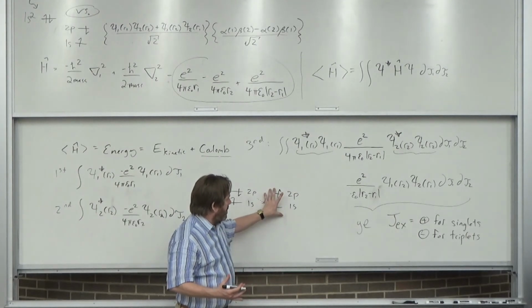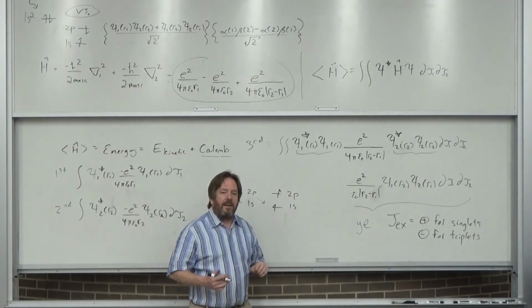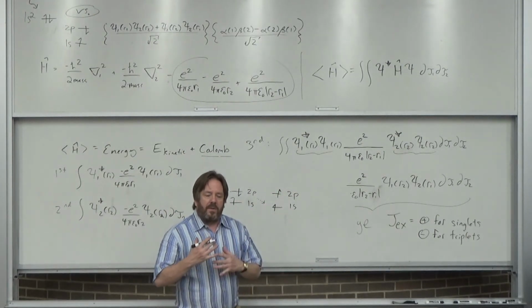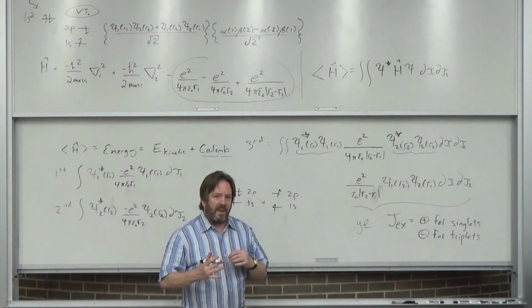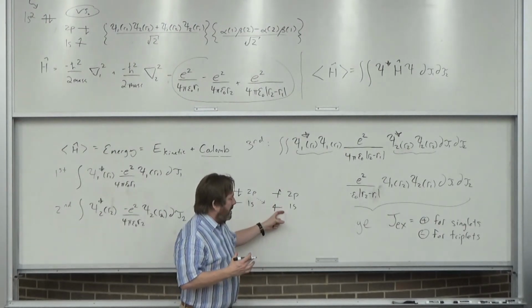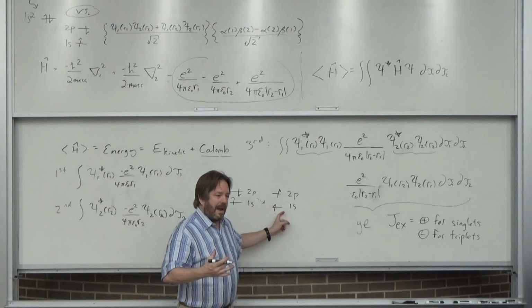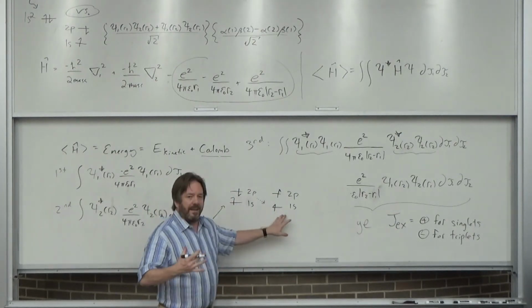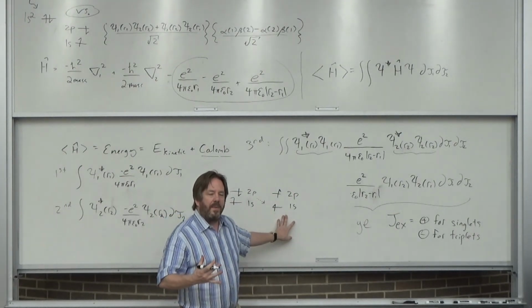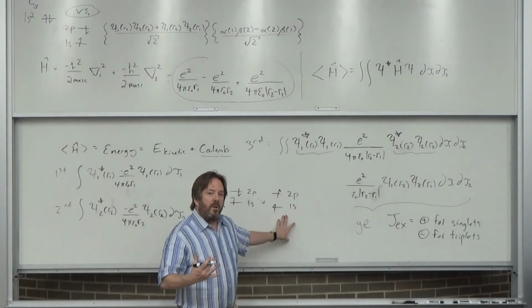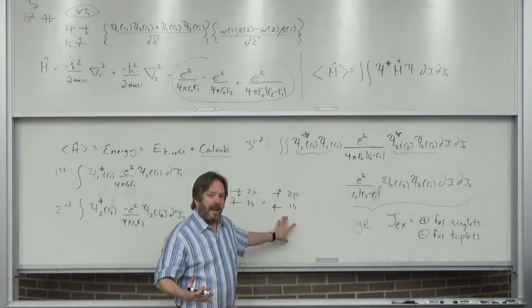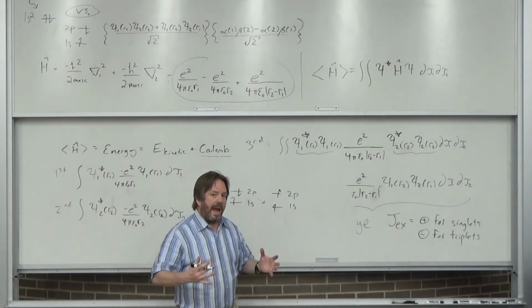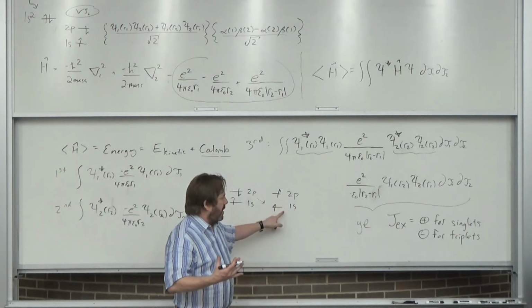Now there's another thing about this triplet state. There's one thing that's actually kind of bad about this. Let's say that instead of being an H minus, it's a molecule in a triplet state. It might run into another molecule in a triplet state, and those two would react like crazy. This is like a radical, right?